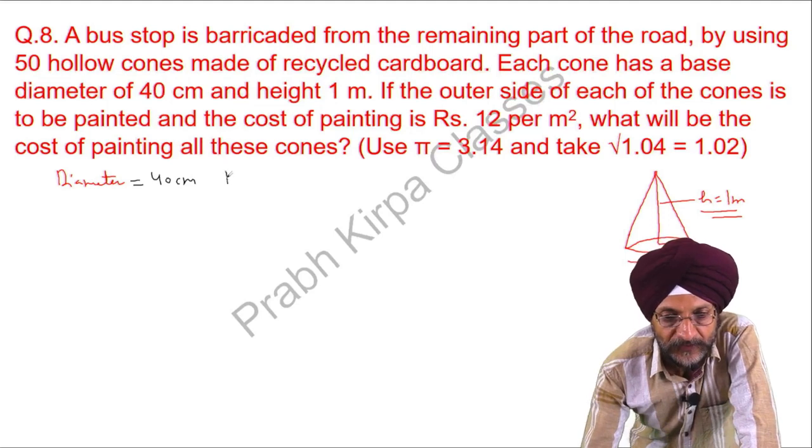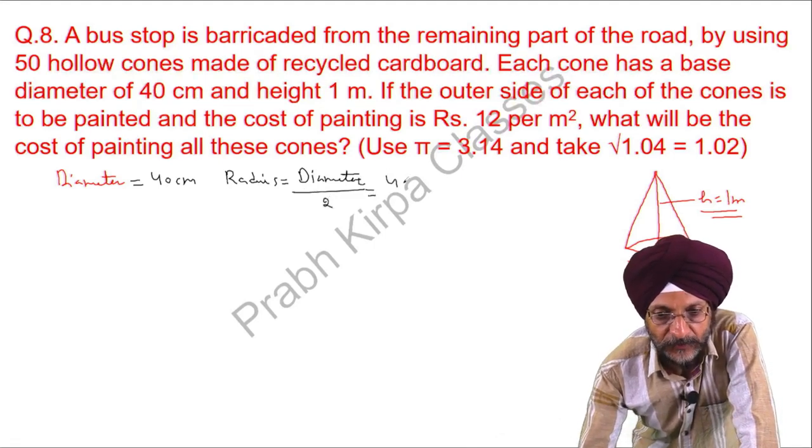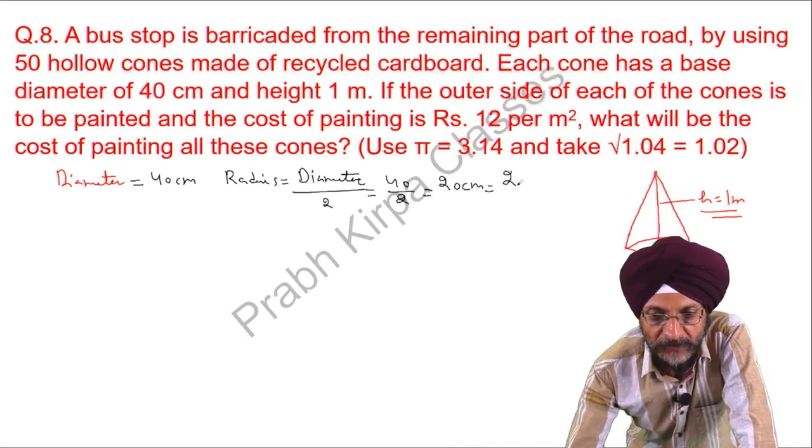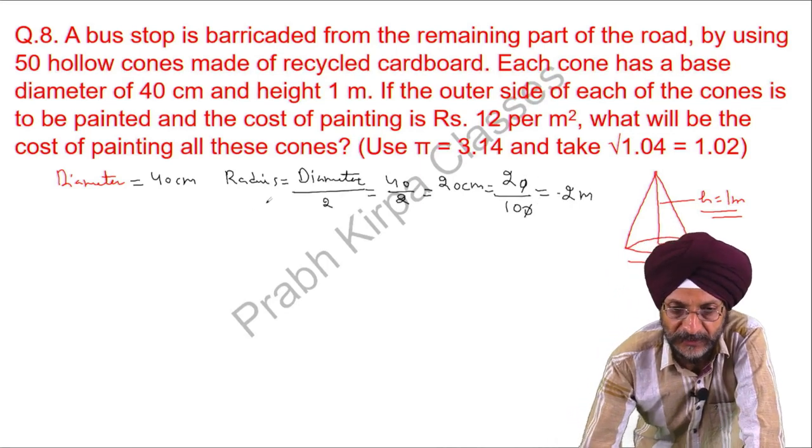We know that radius is half of diameter. It will come as 40 divided by 2, 20 centimeter, or we will convert it into meters by dividing it by 100, 0.2 meter. This is the value of radius.